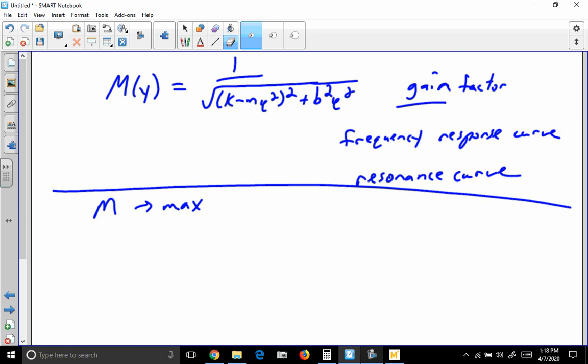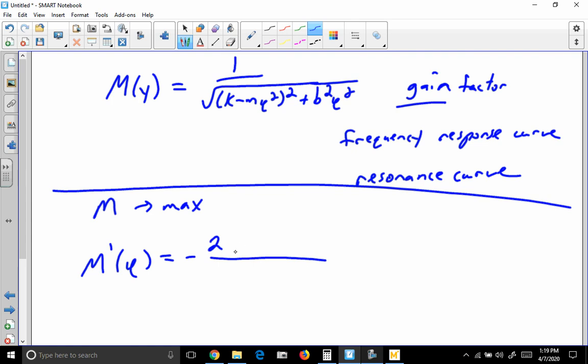So just like anytime we want to find a maximum, we need a first derivative. And for time's sake, to take the derivative of that, of course, that would be a chain rule problem. We would change that to the negative 1/2 power, and have to use a chain rule. But when the book simplifies it, we end up with negative 2m squared gamma times (gamma squared minus k over m minus b squared over 2m squared).